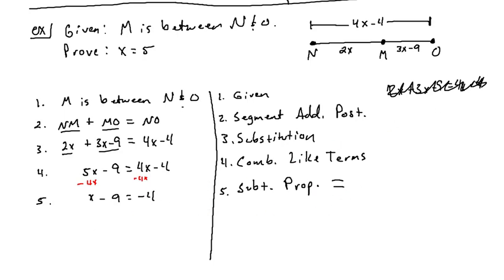And now we got to do our last step where we add 9, and we get down to our 6th line. It says x equals 5, which is good because that's what we were trying to prove. But the reason that x equals 5 is because of the addition property of equality.